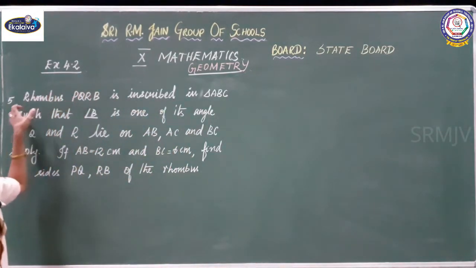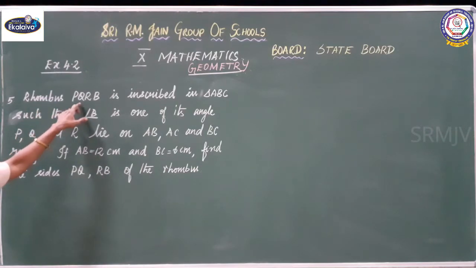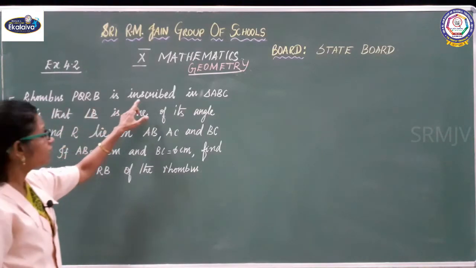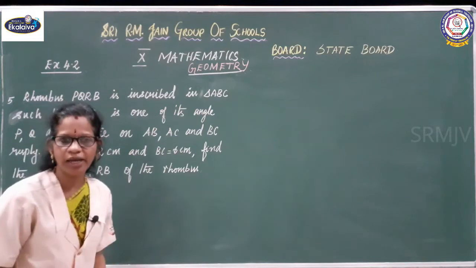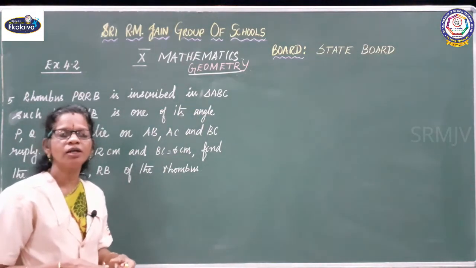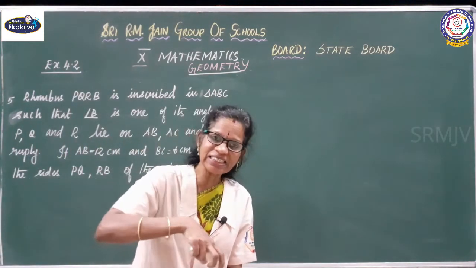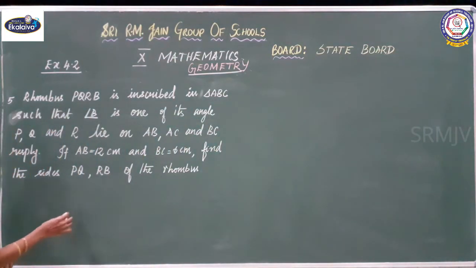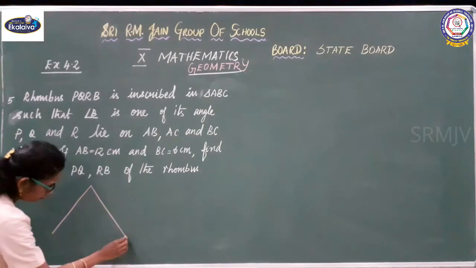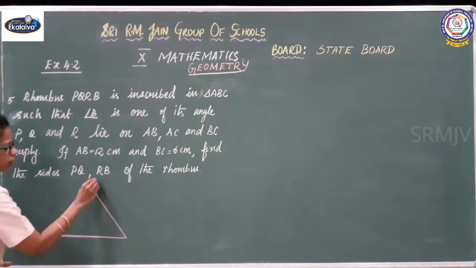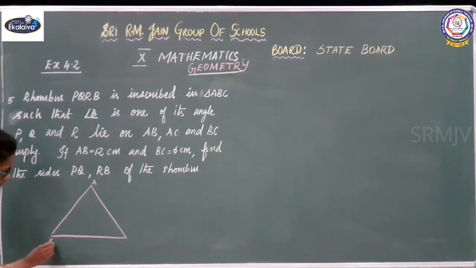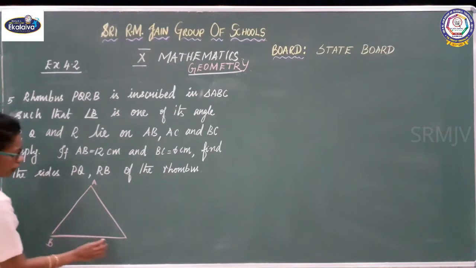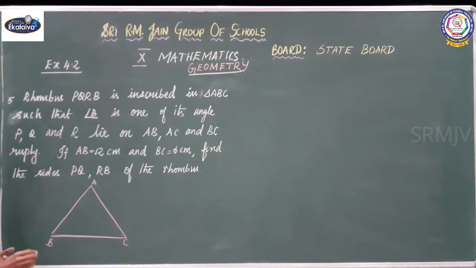See, question number 5: rhombus PQRB is inscribed in triangle ABC. Inscribed means the rhombus exists inside the triangle, right? I am going to draw the diagram. A, B, C. Then what is given?